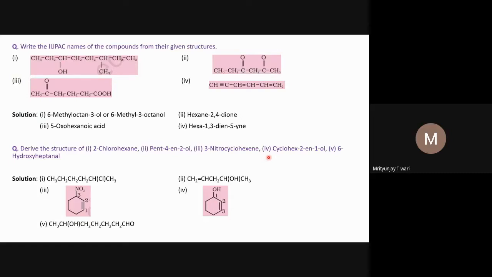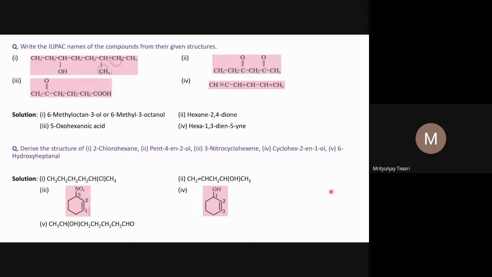Now this fourth, let's see, cyclohex-2-en-1-ol. So again we'll have to write cyclohexane. There is one 2-en, 1-ol group, one double bond is there. So we will make first the skeletal structure, then we'll put a double bond somewhere.